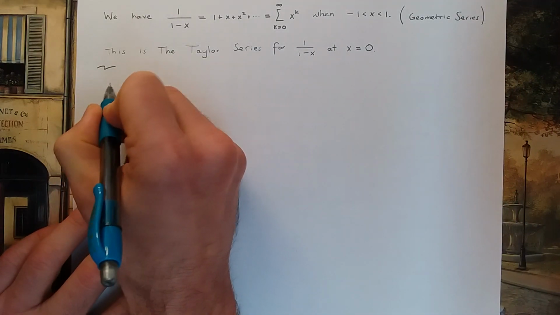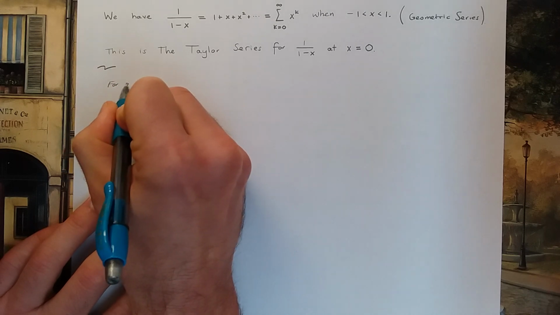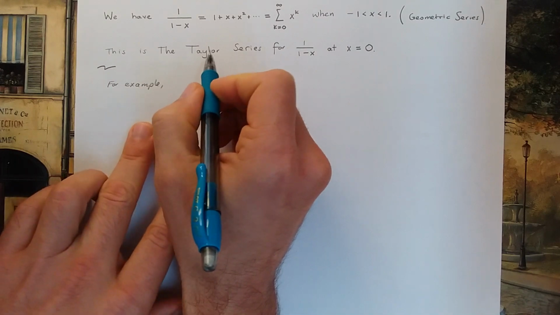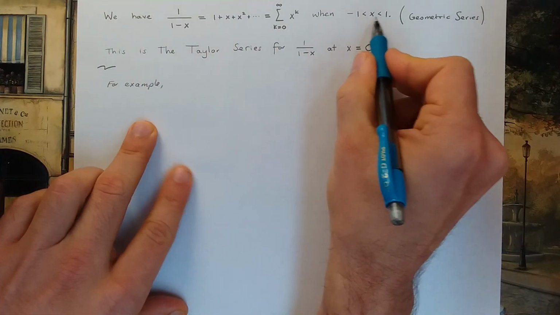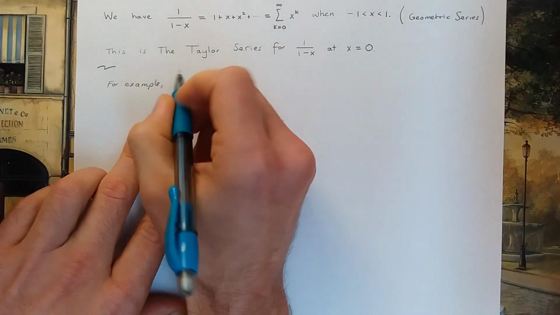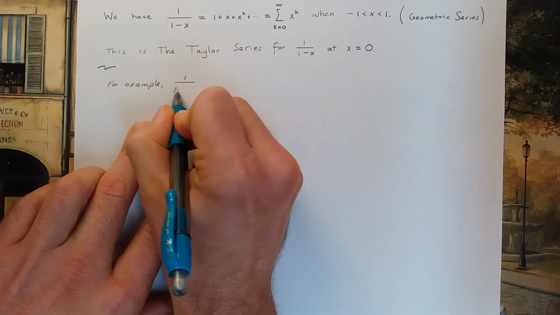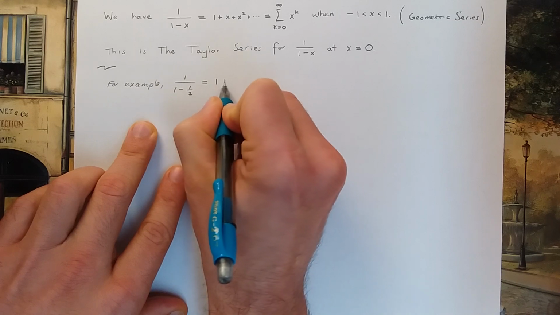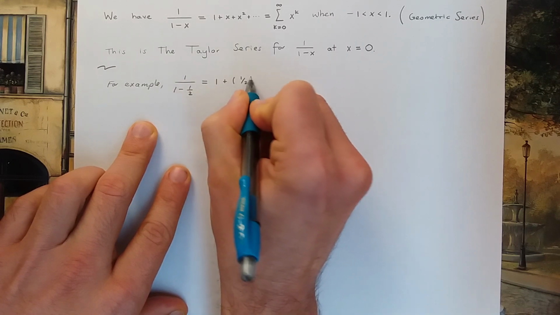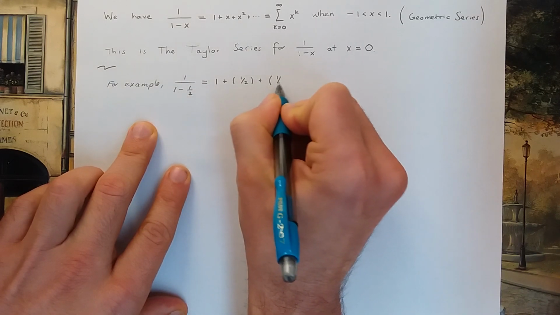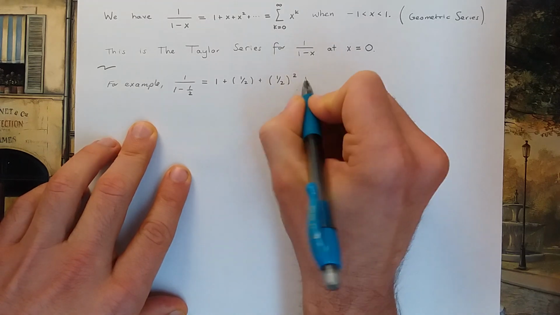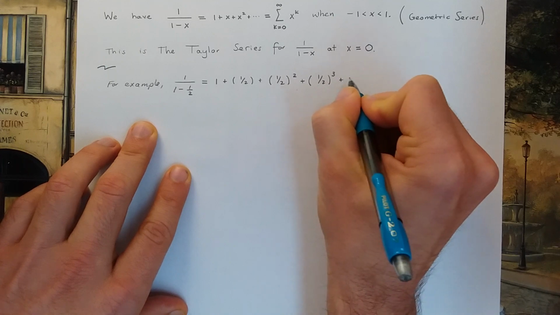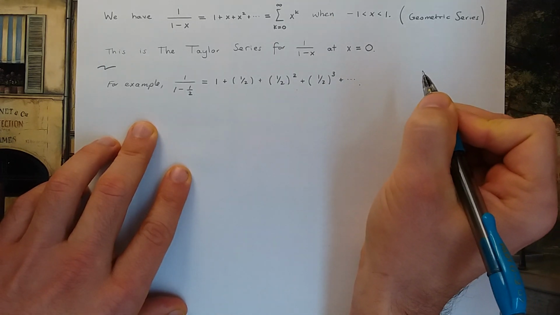So for instance, if I plug in x equals 1/2, 1/2 is in between -1 and 1, I get 1 over 1 minus 1/2 is equal to 1 plus 1/2 plus 1/2 squared plus 1/2 cubed, and so on.